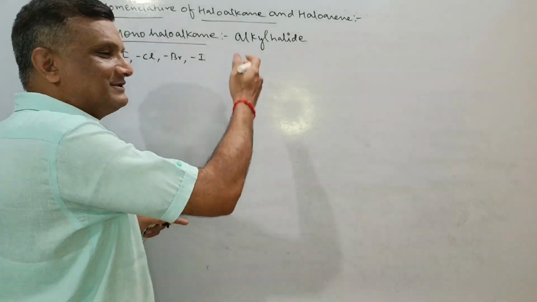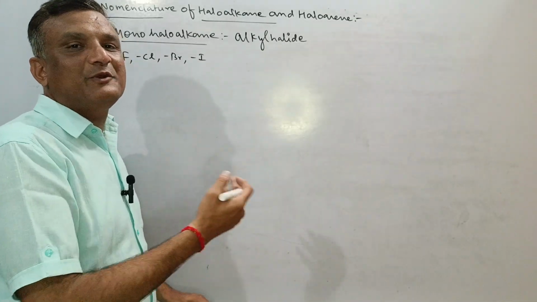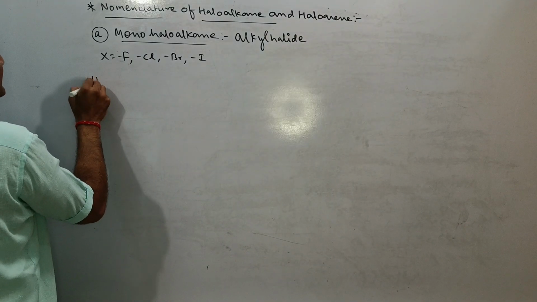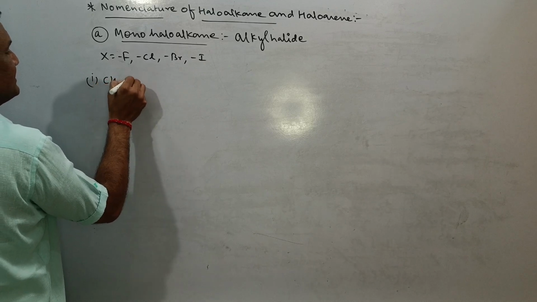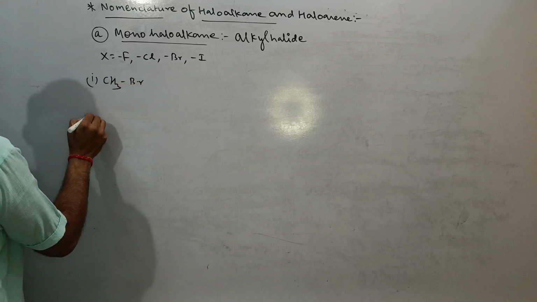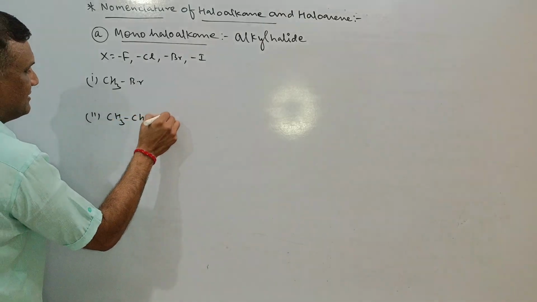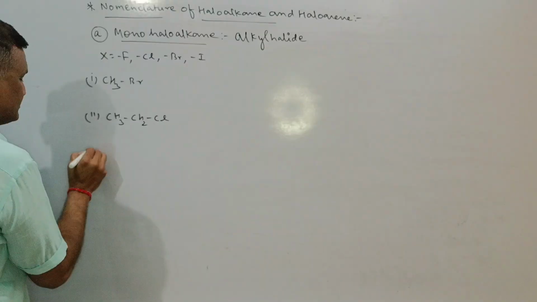And the alkyl group we have discussed as methyl, ethyl, propyl, isopropyl, and so on. So first of all, I'll go with the first compound: CH3Br. Suppose this is the second compound, CH3CH2Cl. You can take F, Cl, Br, I also.